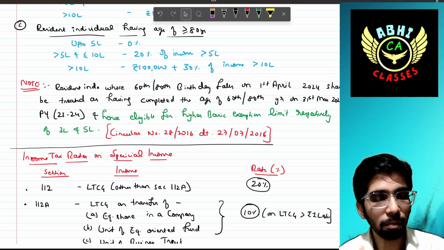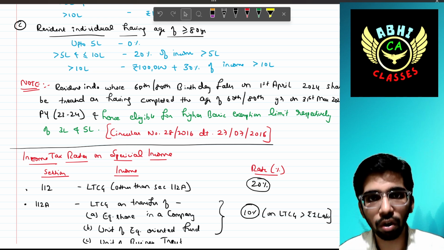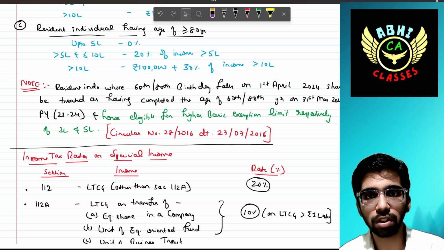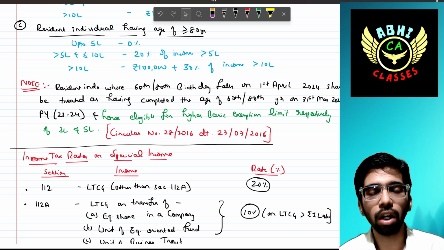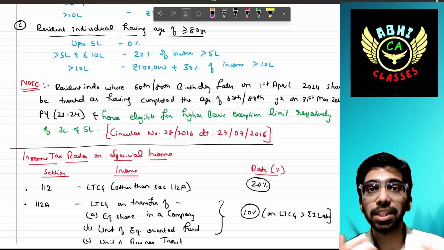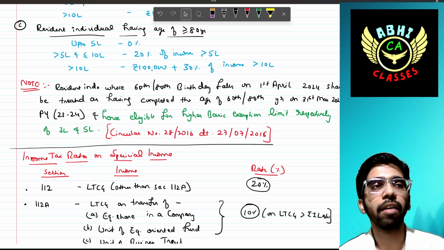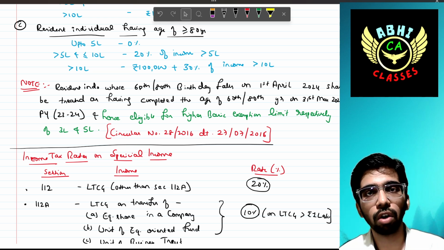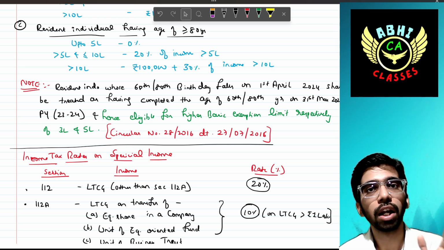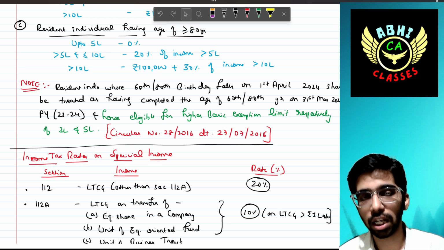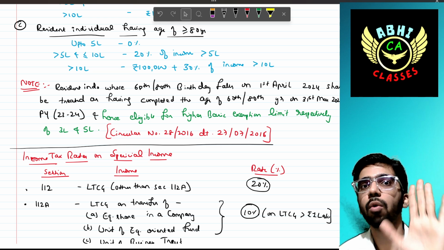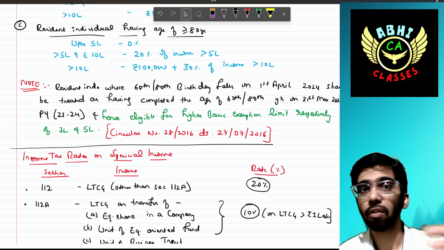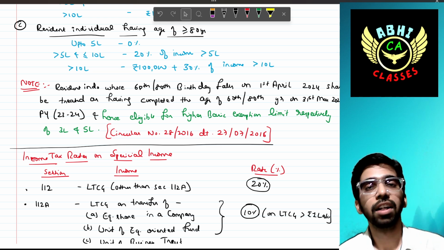So the income tax authority, through Circular 28/2016 dated 27th July 2016, came up with this concept that any individual having a 60th or 80th birthday on 1st April 2024 will also be eligible for claiming the higher basic exemption limit of 3 lakh and 5 lakh. This applies only if he opts for the old tax regime. If he opts for 115BAC as discussed earlier, then this concept is irrelevant.